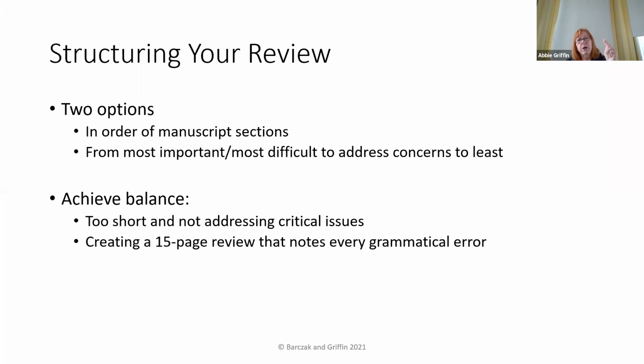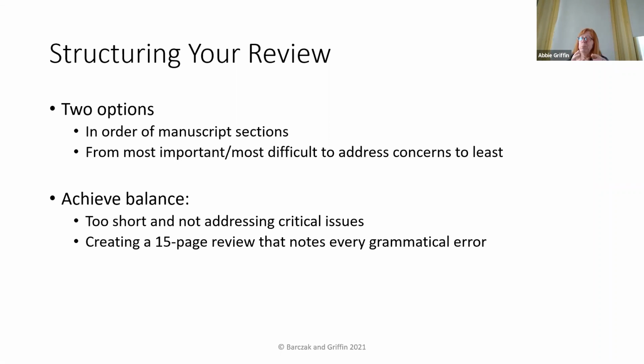So you really have 2 options for structuring your review. First, you can structure it in order of the manuscript sections. Second, you can say, screw that. What I really want to do is, if there's a fatal flaw, present the fatal flaw first. And then here's the next, of all the fixable things, here's the most important one to do. Sometimes I do it in the order of the manuscript sections.